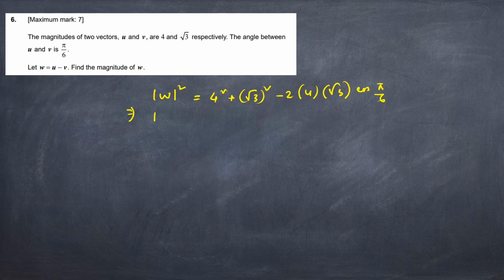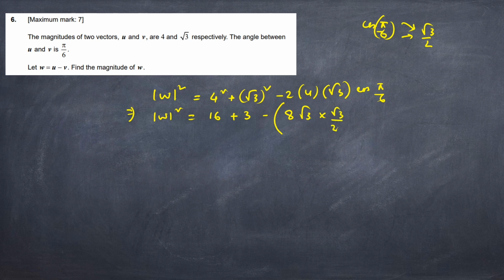So from here we can write w square is equals to 16 plus 3 minus 2 into 4 into root 3, that is 8 root 3, into cos pi by 6. The value of cos pi by 6 is root 3 by 2, we know that cos pi by 6 is equals to root 3 by 2.